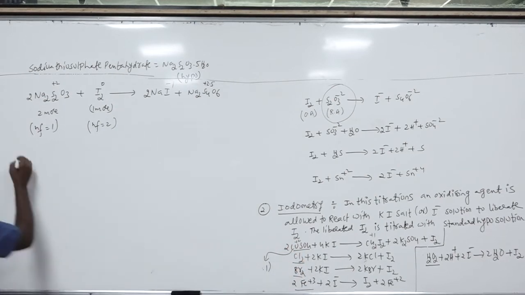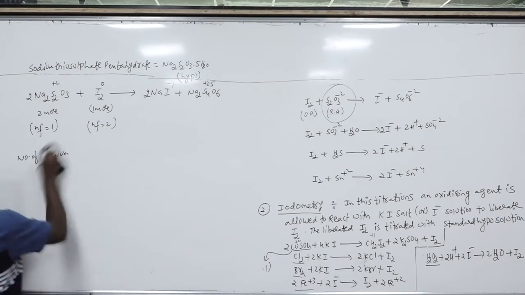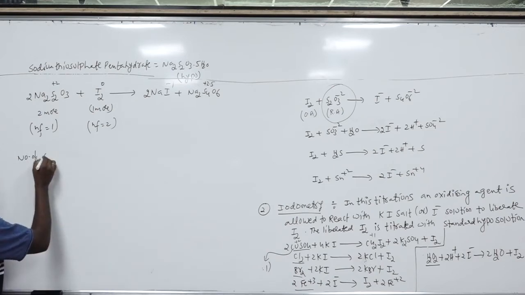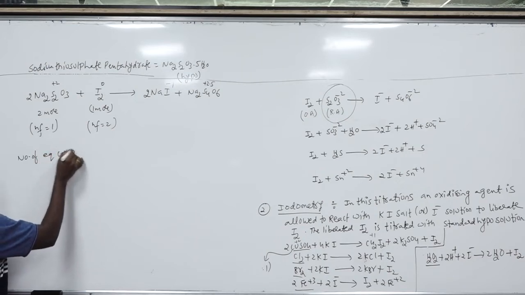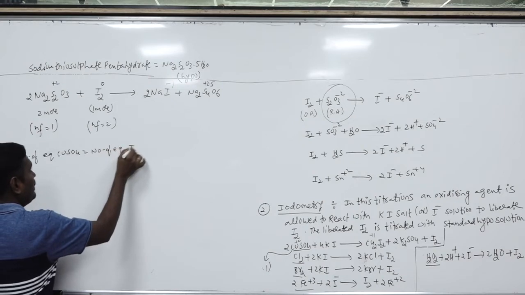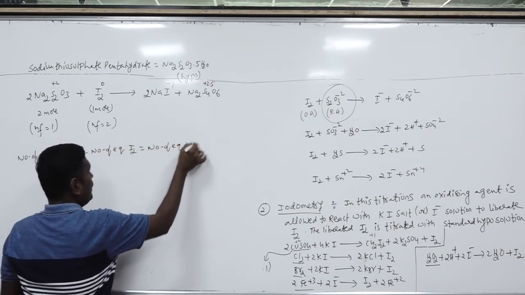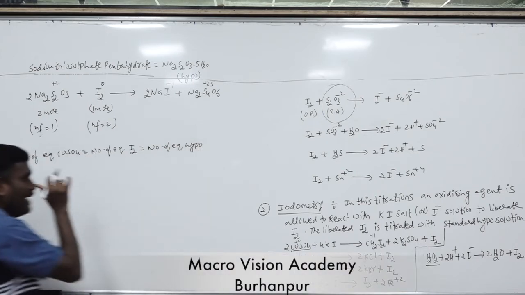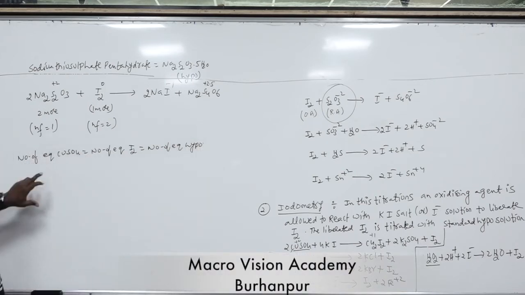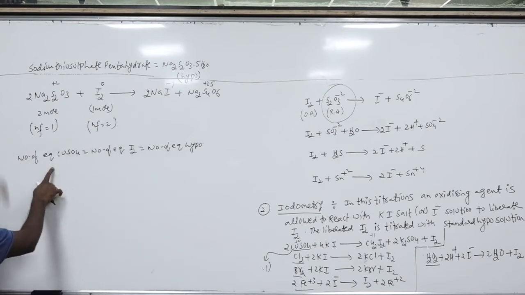That means the number of equivalents of copper sulfate will be equal to the number of equivalents of I2, which will be equal to the number of equivalents of hypo. So once we know the number of equivalents of hypo, we can relate it to the number of equivalents of copper sulfate.